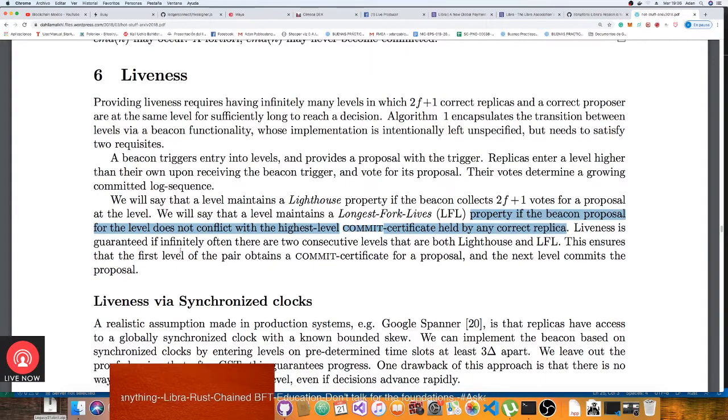Liveness is guaranteed if, infinitely often, there are two consecutive levels that are both LFL. So these two kinds of algorithms are based on this proof of liveness that has two kinds of requisites: the log reaches a decision, and proposers are in the same level.